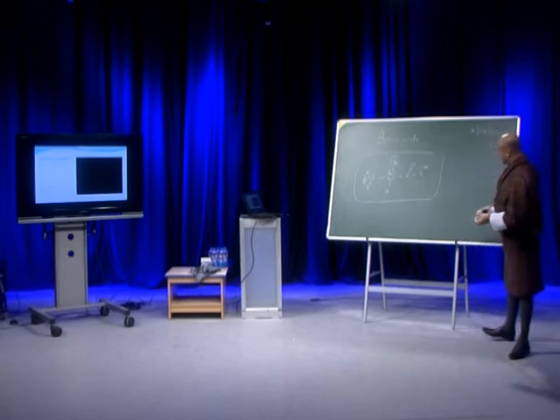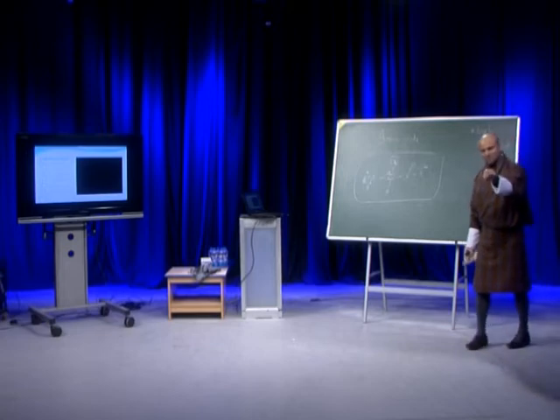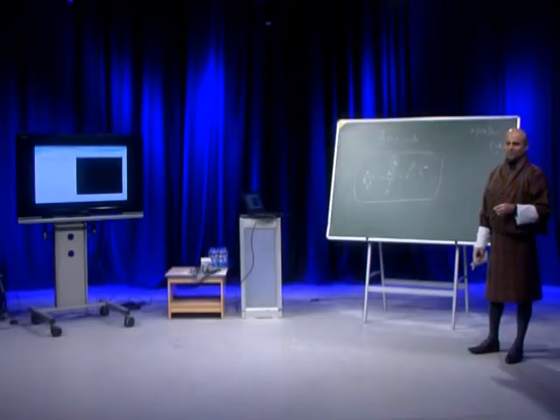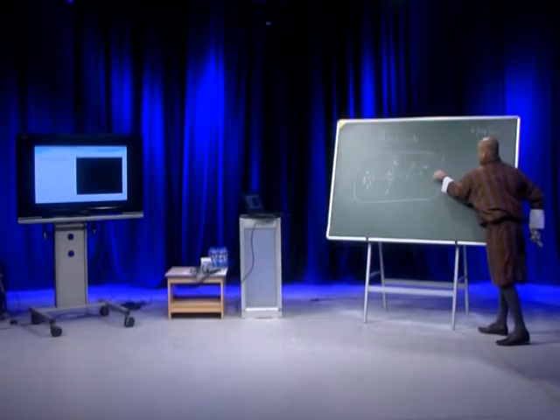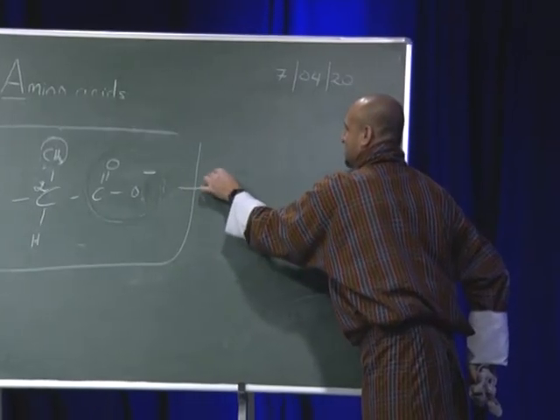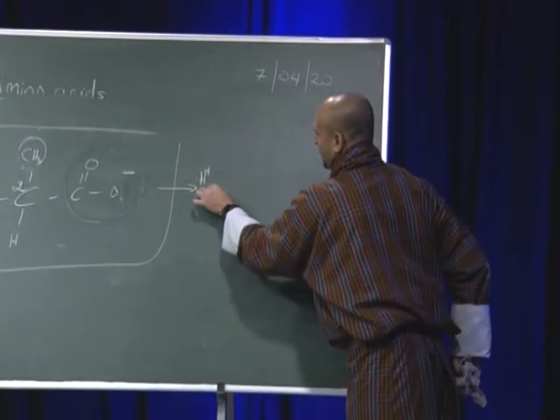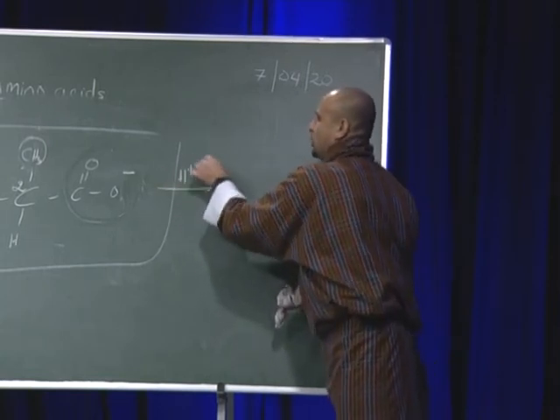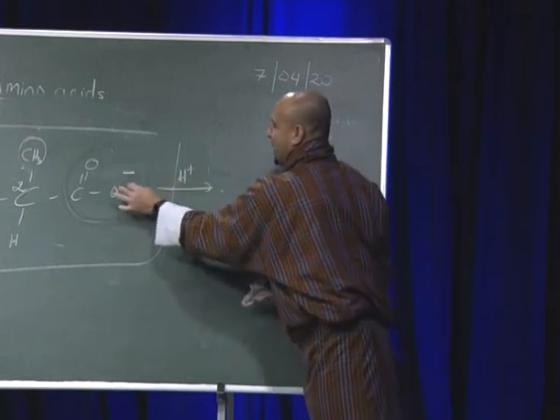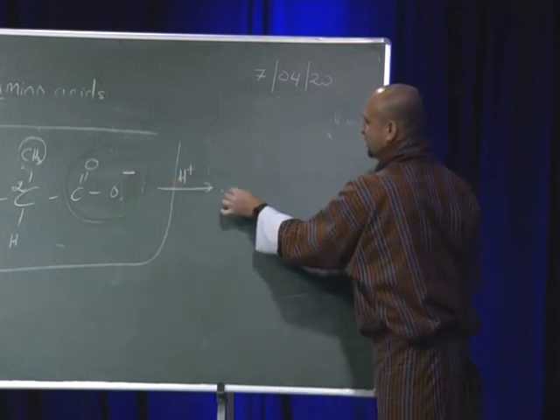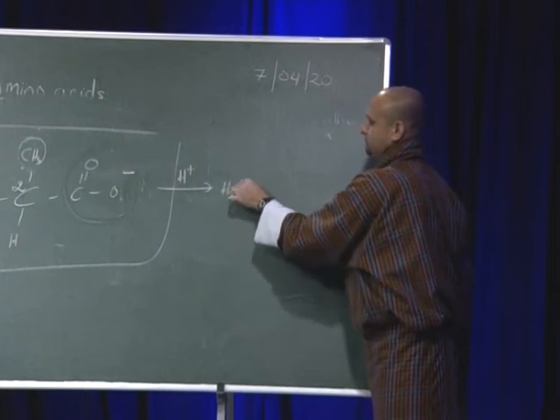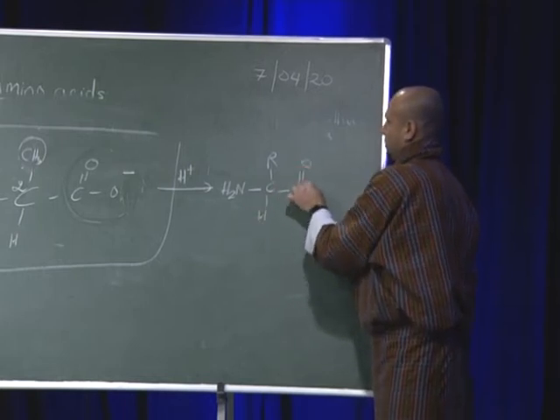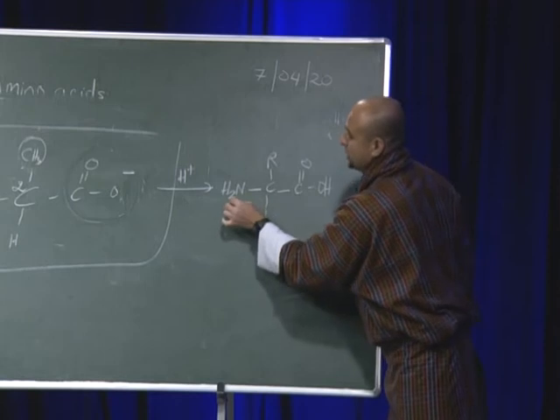Now, when you place this zwitterion in acidic medium, it behaves differently, and when you place it in basic medium, it will behave differently. Let's look at this. Let's assume that we are placing this in acidic medium. Acid donates protons. So when you place this zwitterion in acidic solution, this proton will combine with the carboxylate ion here, resulting in the formation of a new structure where the negative charge is completely cancelled, but you still have this positive charge.